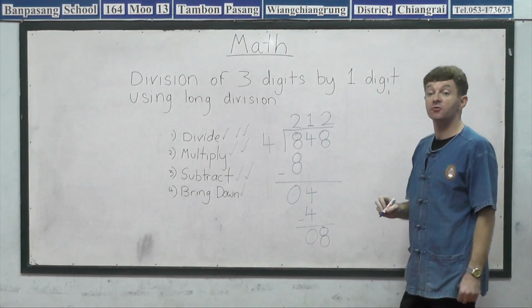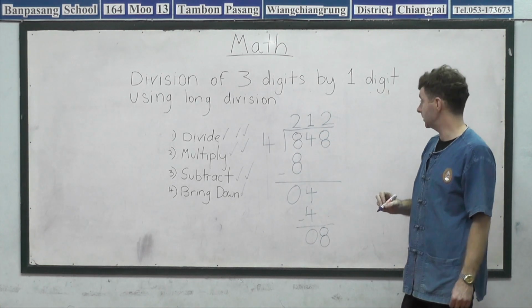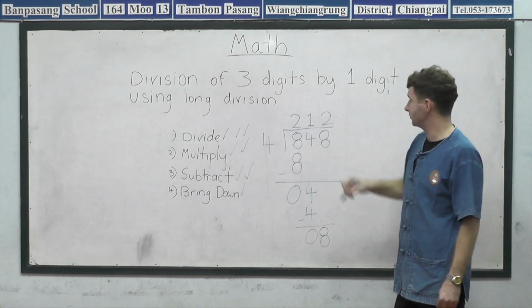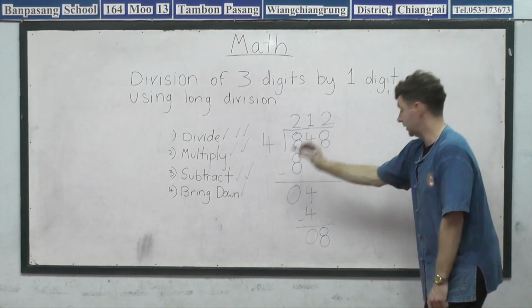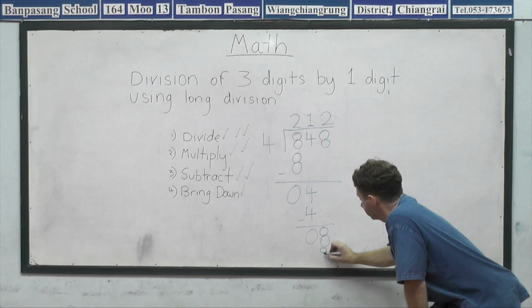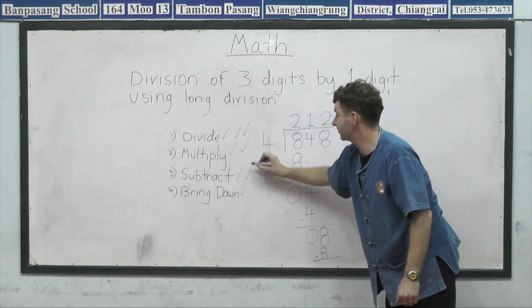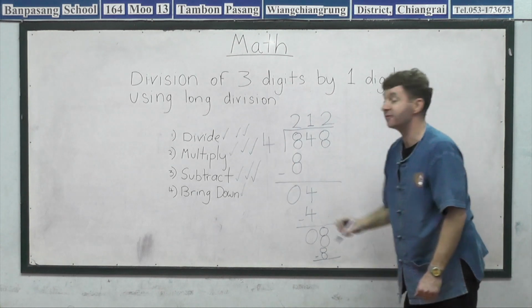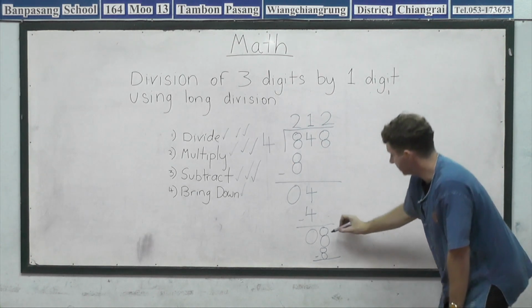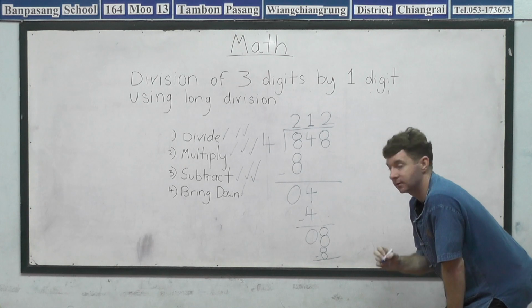Next step, number 2, multiply. 4 times 2 equals 8, and I'm running out of space, so I'll write it small. Next we have to subtract. 8 minus 8 equals 0.